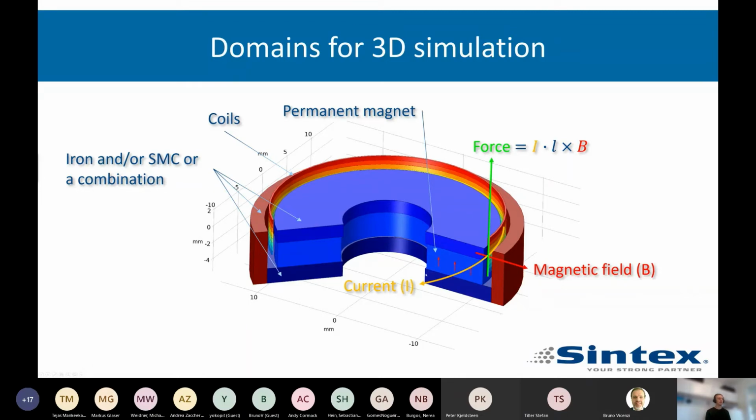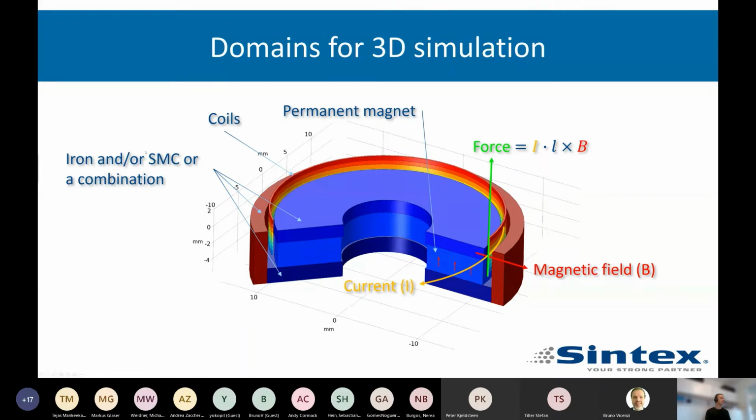So a typical speaker works like this. We have a current running in the coil. This is a cut-out section, I should say, and we have the magnetic field coming from the permanent magnet here, which generates a magnetic field that crosses an opening where we have located the coil, and it makes a force which is proportional to the current and the B field.